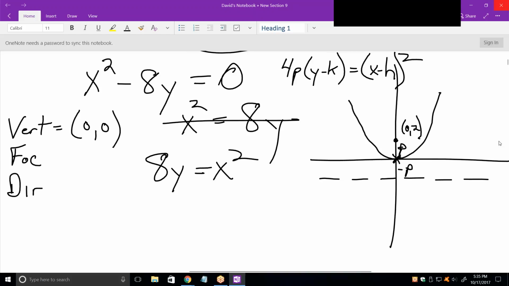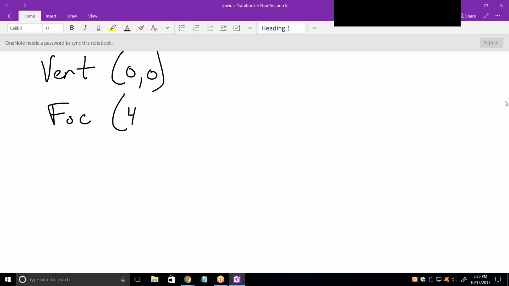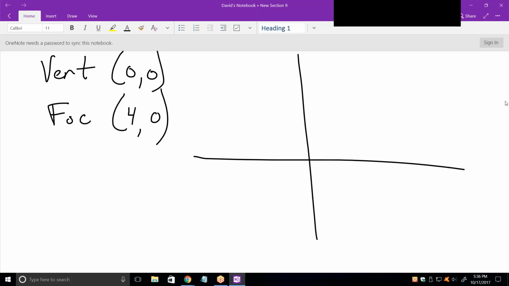Okay? And then this one says, find an equation of a parabola that satisfies the given conditions. The vertex is 0, 0, and the focus is 4, comma 0. So with having the vertex as 0, 0, that means that h and k would be 0. First thing you want to figure out is, are we talking about an up and down parabola or a left and right parabola? Well, if the 4 is in the first position, it would be a horizontal, right? Correct. In other words, let's plot the focus.